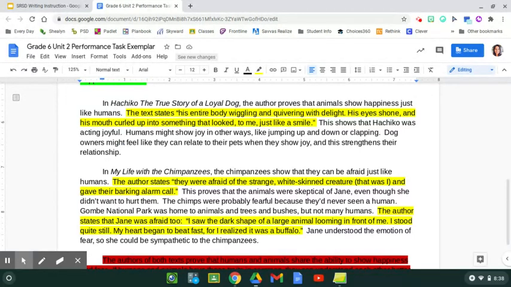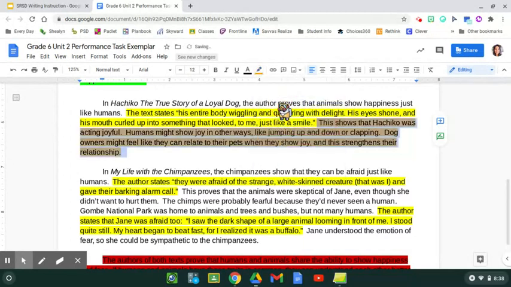It's the writer's thinking. Humans might show joy in other ways, like jumping up and down or clapping. Dog owners might feel like they can relate to their pets when they show joy, and this strengthens their relationship. So this was not in the text at all. So this is the author's thinking. So all of this is part of the detailed examination.